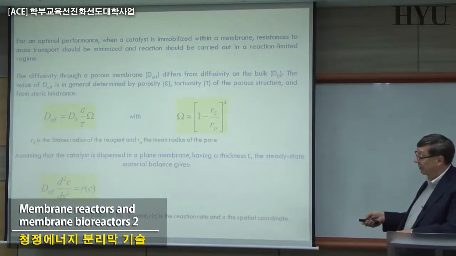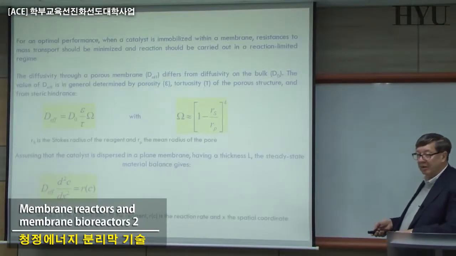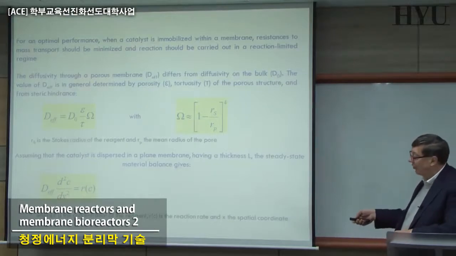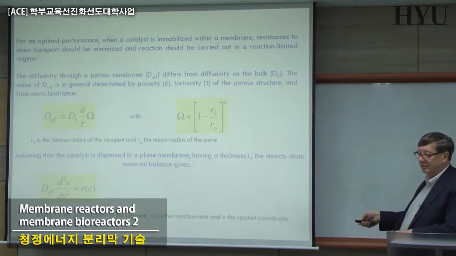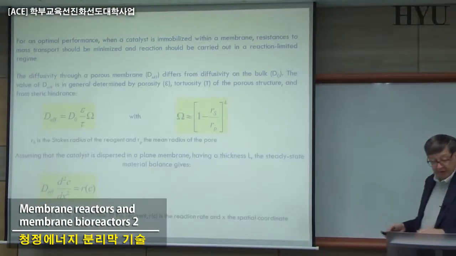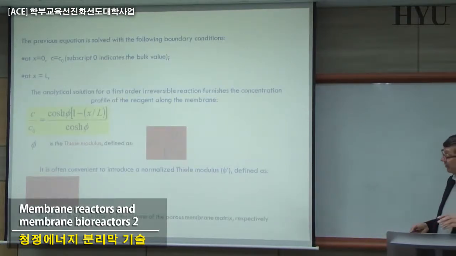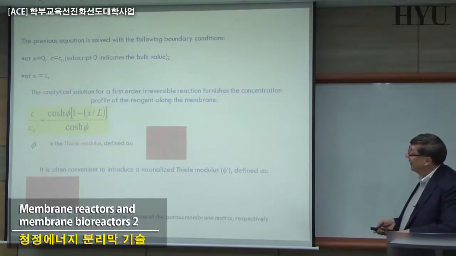And that means that this term here, the reaction rate and the spatial coordinate, if they are changing with time for any reason, we are basically changing the overall reaction rate in the system due to the change of the properties of the membrane itself. So that is one of the problems that we have to consider, but it's not the only one.